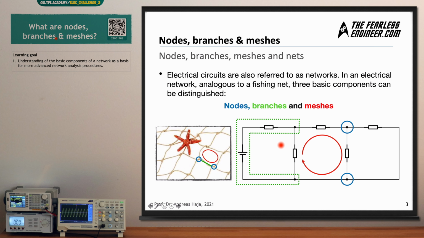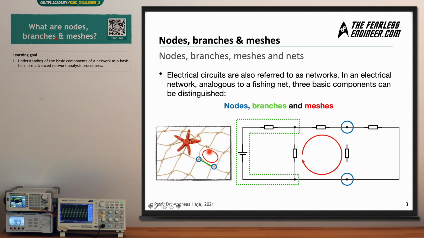We have seen many of these before, and if we look for similarities between the fisherman's net and this electrical network, you can find that we also have a loop here. This loop is placed in between these three resistors, and as you can see, this loop in the fisherman's net is placed in between these ropes, these lines surrounding it.